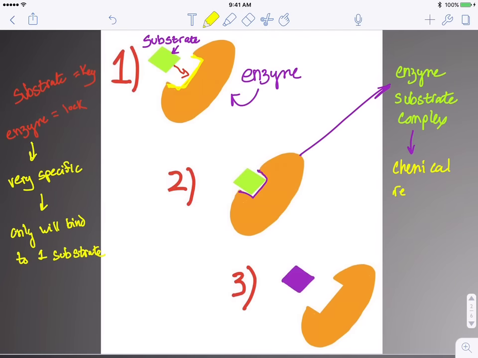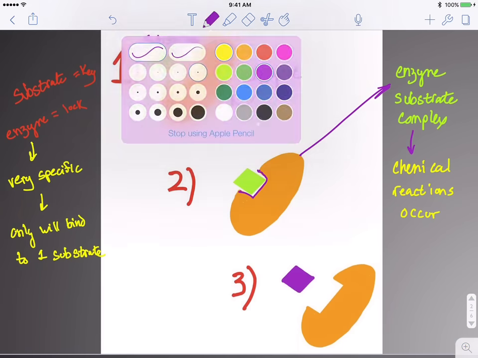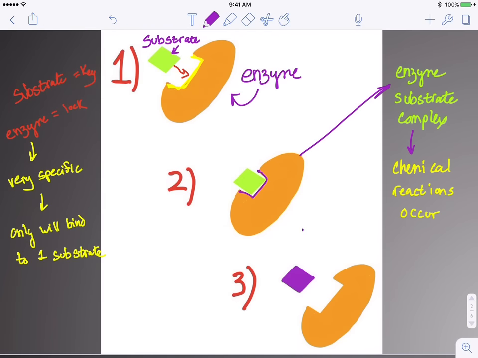And this should make sense, okay, because you're not going to have a chemical reaction unless the substrate is bound to the enzyme, right? It's not going to happen on its own. And then lastly, what you guys can see is that we have our product right there. And after the chemical reaction has occurred, the product pops out and goes elsewhere in the cell.